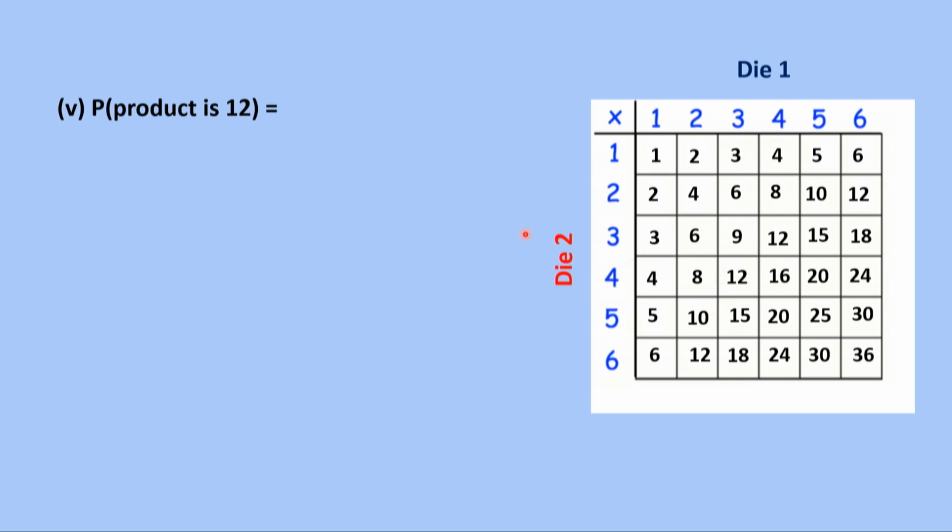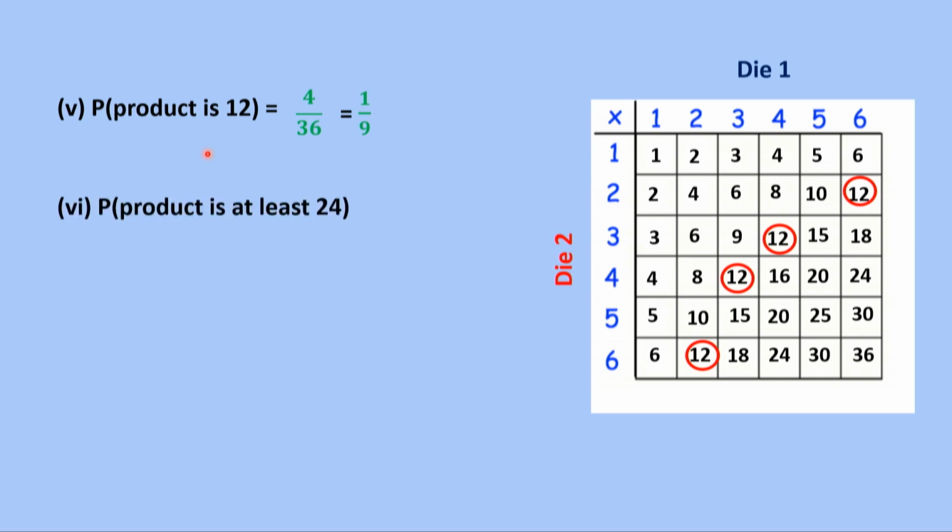So we need to find probability of getting a product of 12. Let us see how many times 12 appears in my diagram. 1, 2, 3, 4. So the probability will be 4 over 36. That is 1 over 9.